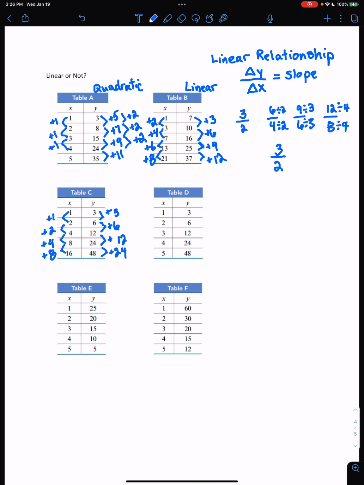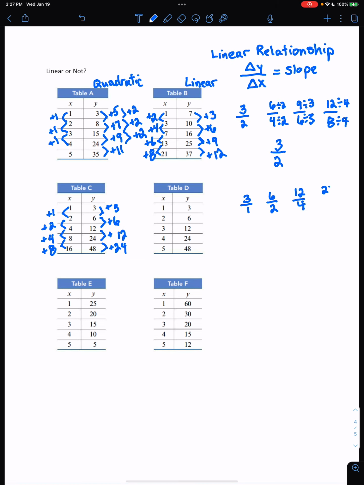Let's take a look at our change in y compared to change in x. Okay, so here we have 3 over 1, 6 over 2, 12 over 4, and 24 over 8.